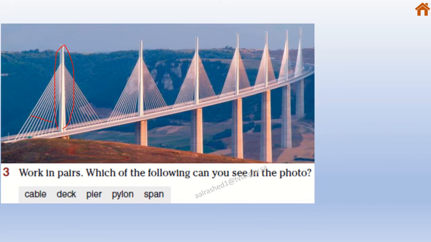The pylon are used to link the cables with the deck of the bridge. We have pier. These are piers. As we said, it works as a base for a deck where you can hold the deck, as well as pylons and their cables.